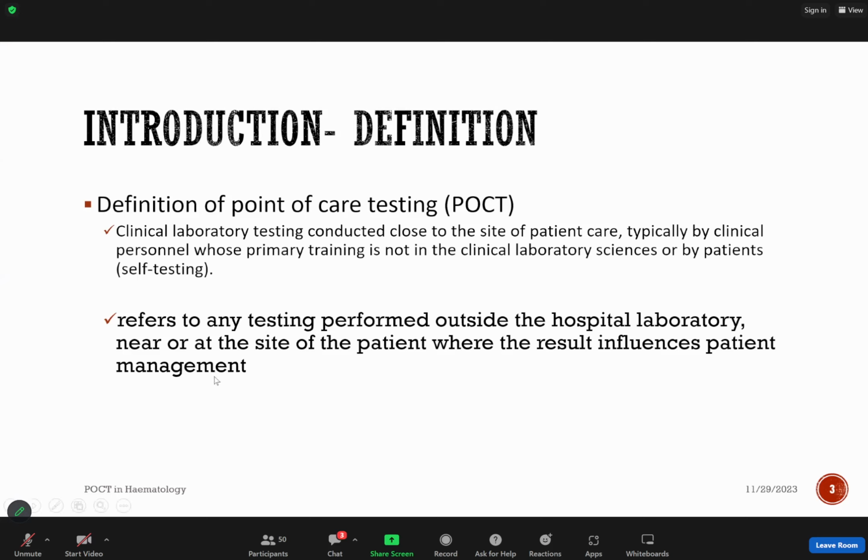It refers to any testing performed outside the hospital laboratory, near or at the site of patients, where the results influence patient management. So basically, POCT consists of two main definitions: it is a test done outside the laboratory and done by non-laboratory staff.